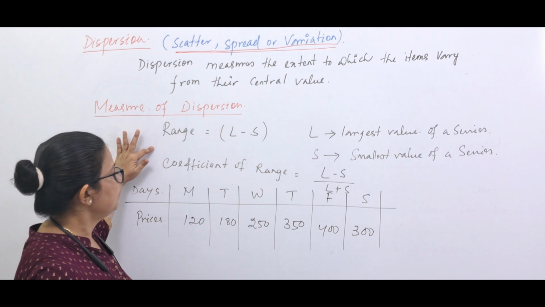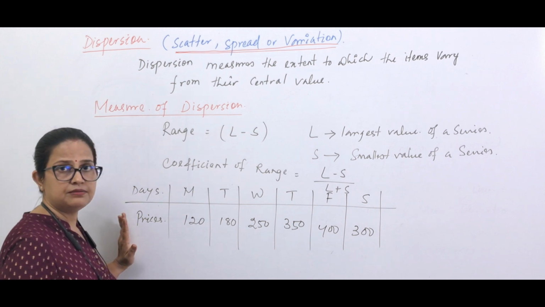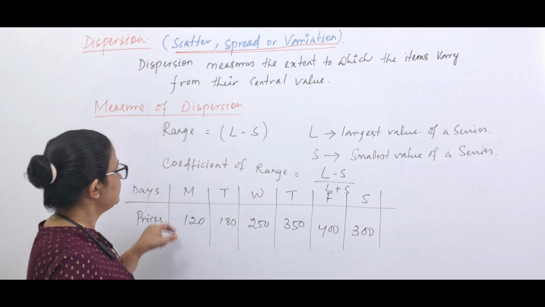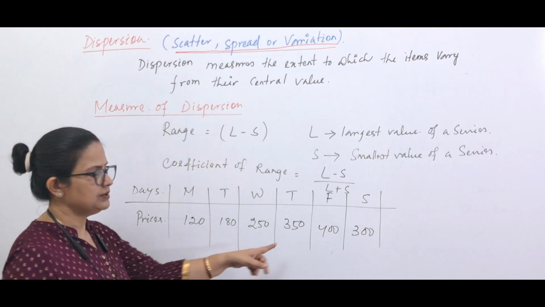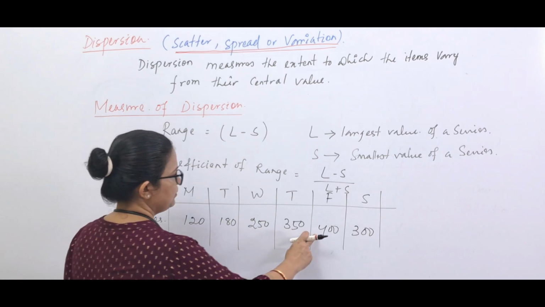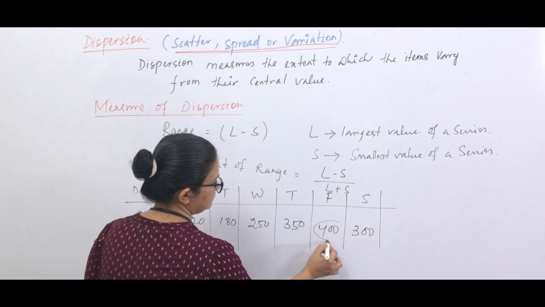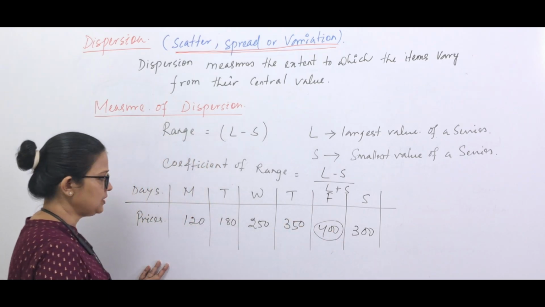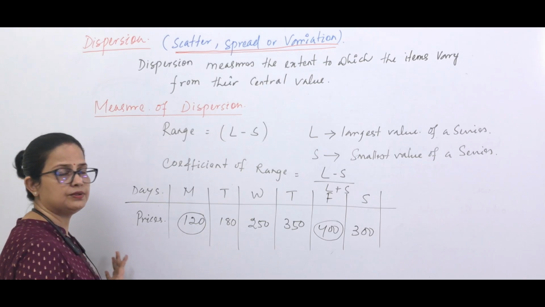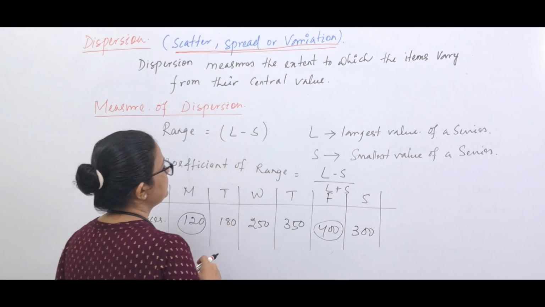How are we going to find it? We are taking an example. You have to see the maximum value, the largest value in the series. If you see, 400 is the largest value. What is the smallest one? The smallest one is 120. So how do we find the range?